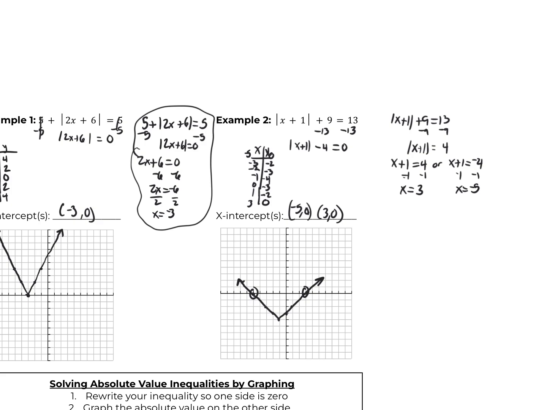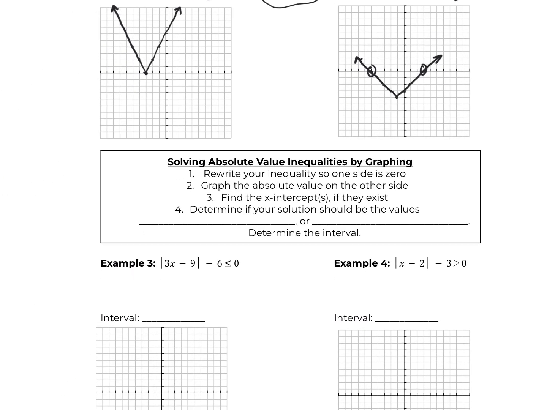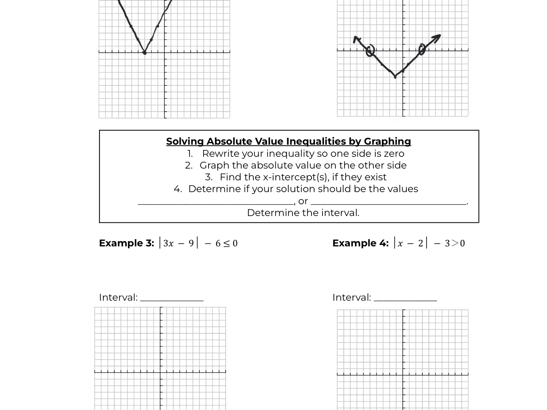All right. Now, this works really well for solving absolute value inequalities. The way we solve absolute value inequalities by graphing: first we're going to rewrite our inequality so one side is 0, just like we've been doing.